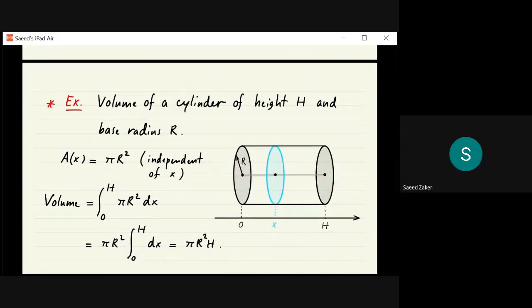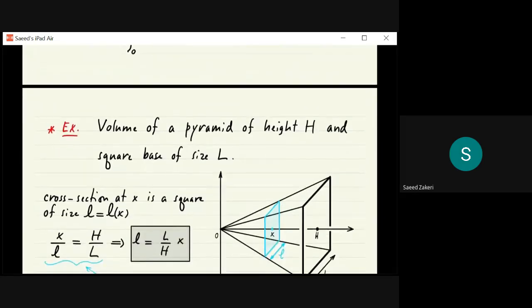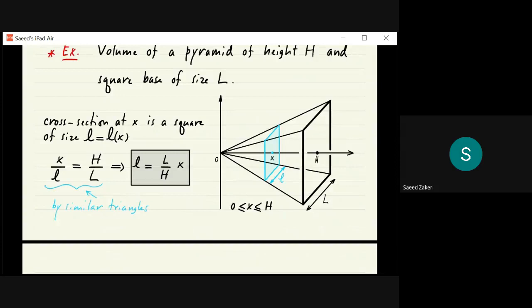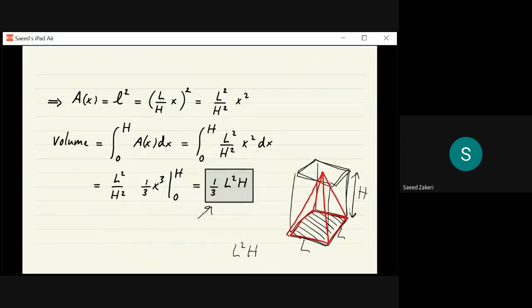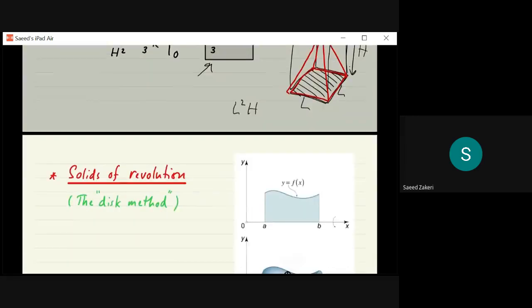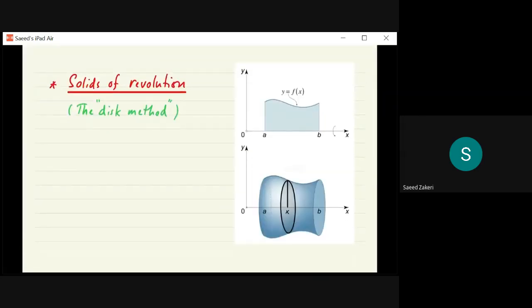If you take this rectangle and revolve it around this axis, you get this solid cylinder. Some solids can be obtained as a solid of revolution, some don't. A pyramid doesn't. A cylinder does. We'll see that the sphere does. Some degree of roundness should be present in order to get your solid by revolving.